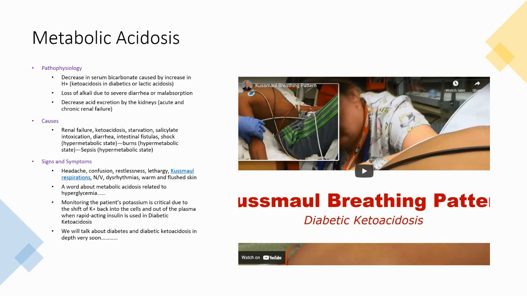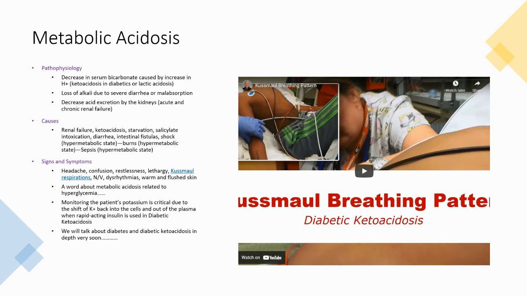There are many causes. Once again, notice that the kidney and the GI system are involved very much. But also, you have these hypermetabolic states, such as people that have really bad burns or high degree burns and sepsis. These are hypermetabolic states that will affect acid-base balance.